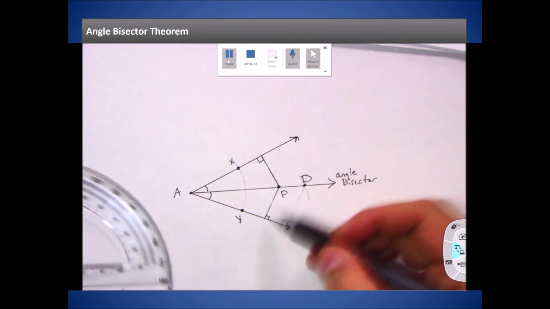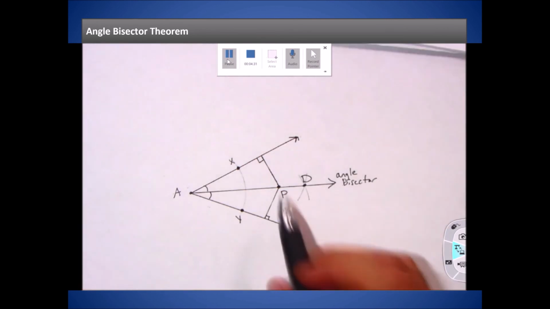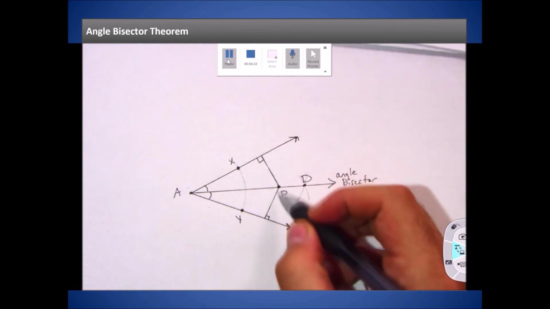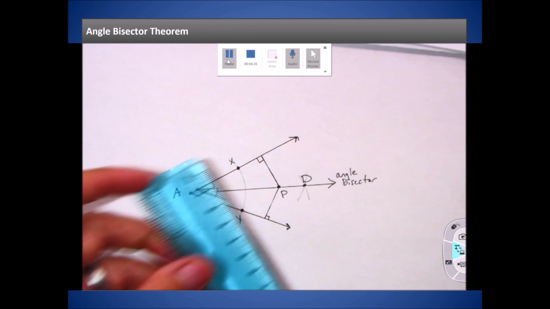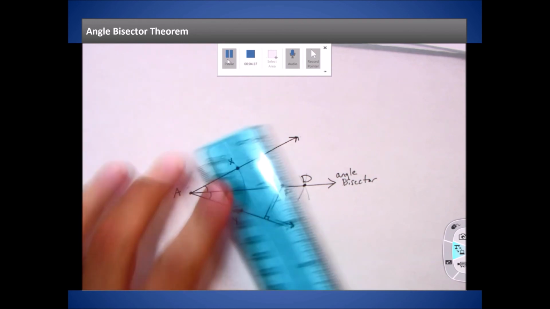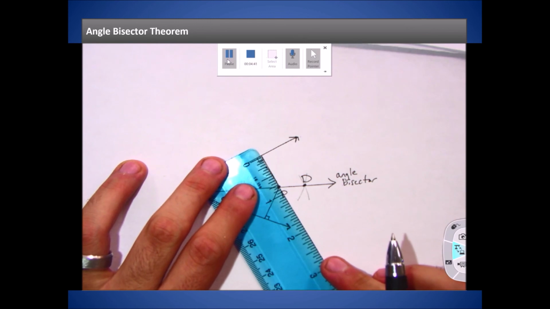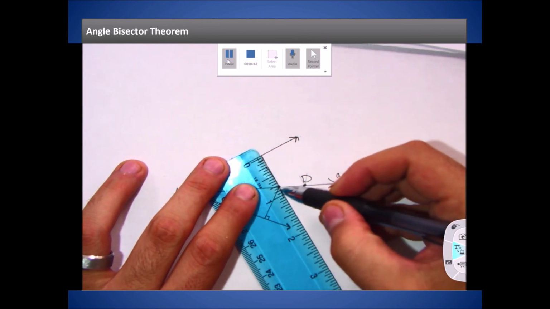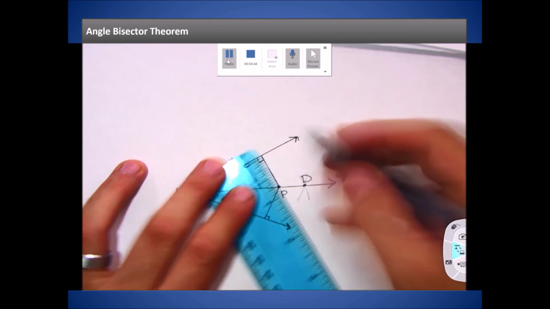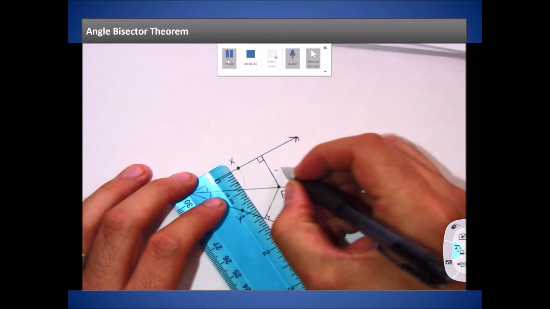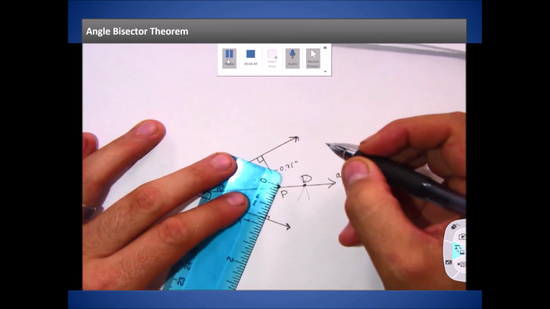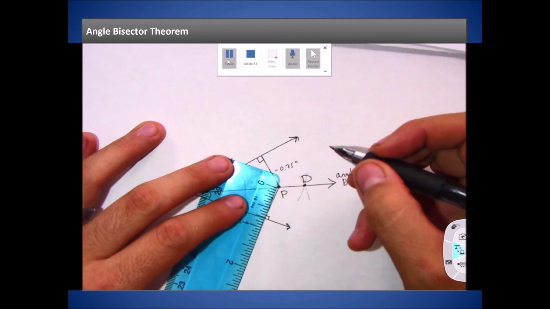So these are 90 degrees. Now, that means that this distance has to be the same as this distance. Okay, so that's what the theorem that we're investigating looks like. So here, this is almost 0.75, approximately. And then here, again, it's approximately 0.75 inches as well.